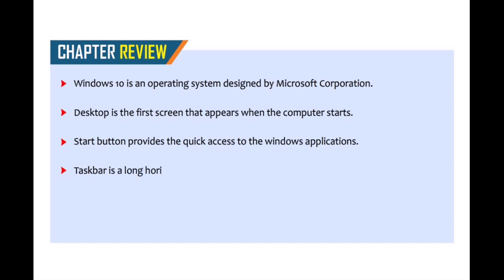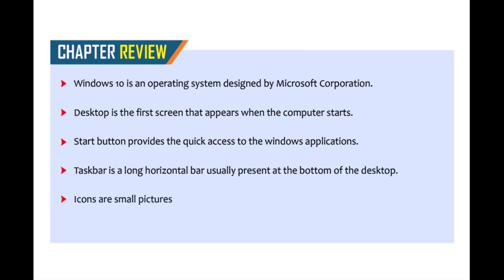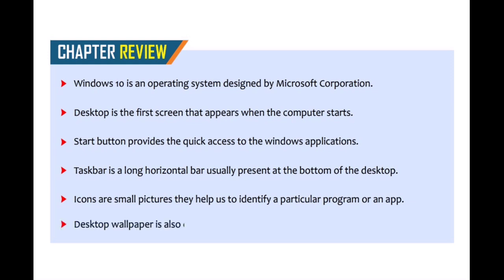Taskbar is a long horizontal bar usually present at the bottom of the desktop. Icons are small pictures. They help us to identify a particular program or an app. Desktop wallpaper is also called desktop background.